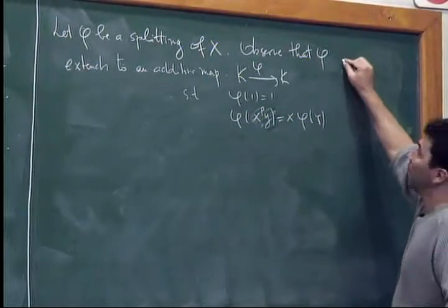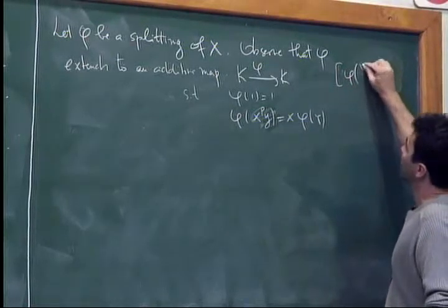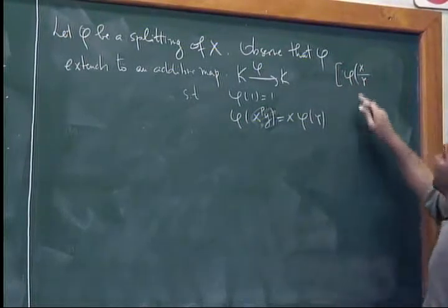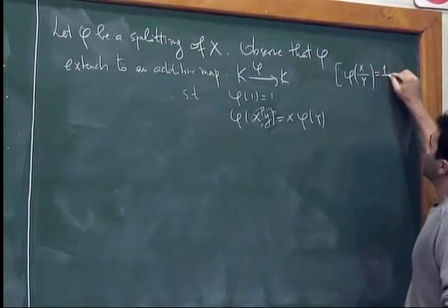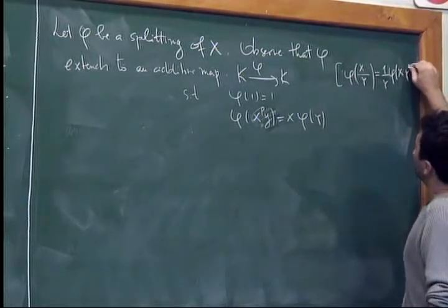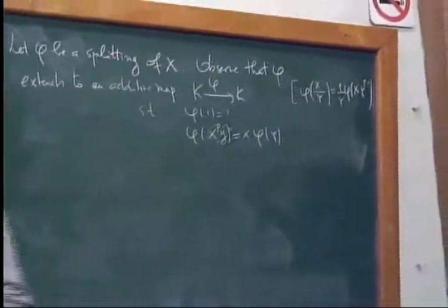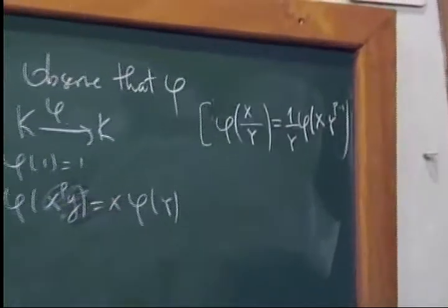Just as before, you define phi of x over y to be 1 over y times phi of x y to the p minus 1, if y is a non-zero divisor in A, for instance.